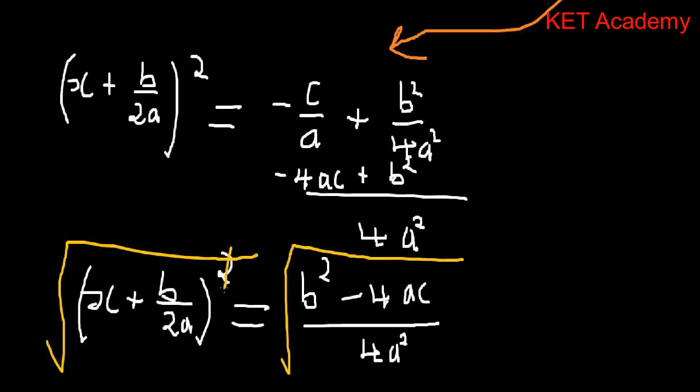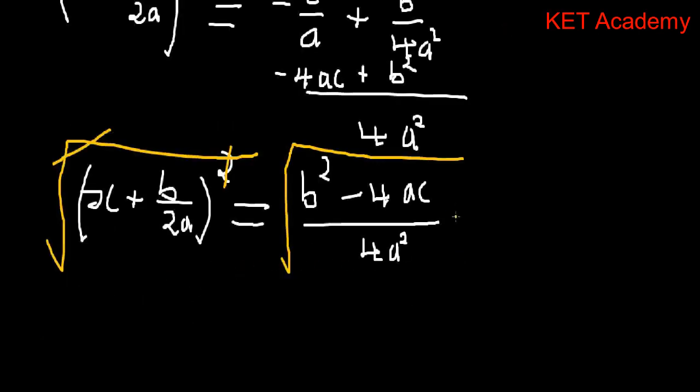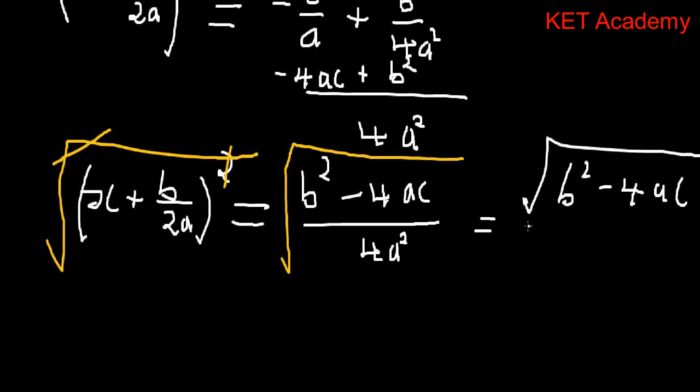So the square root will go with the square, and now this function will be equivalent to the square root of b squared minus 4ac all over 4a squared. This 4a squared can be written as 2a all that squared.